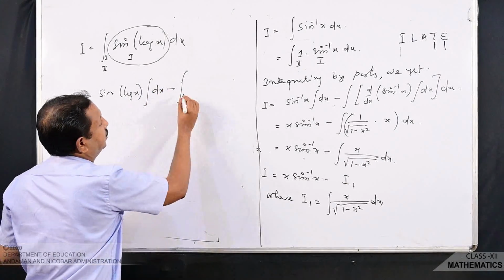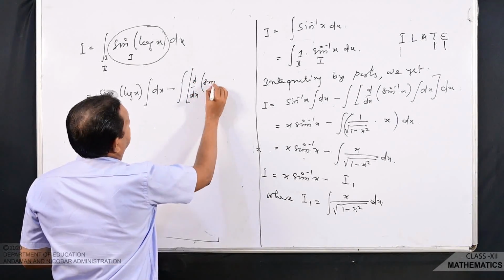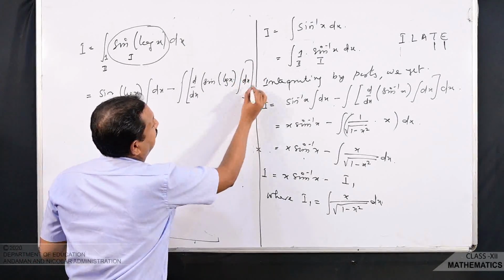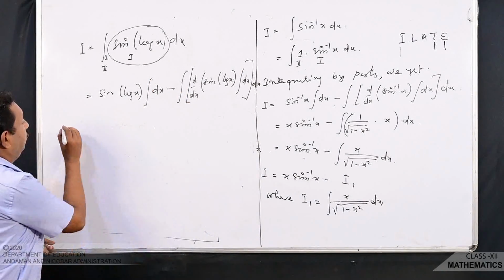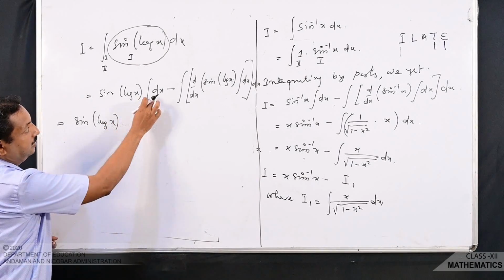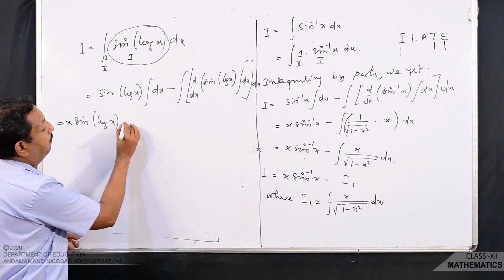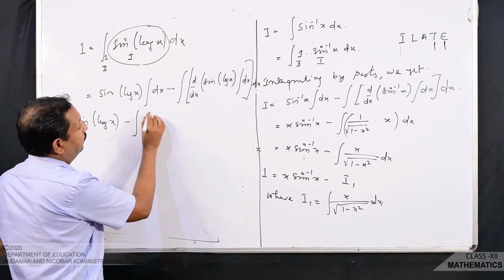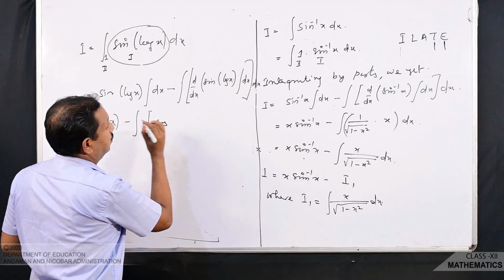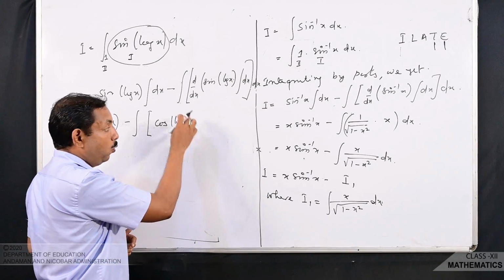As per the rule, we go: first function, that is sine log of x, and integration of dx, minus integration of the derivative of sine log of x and integration of dx. This equals sine log of x times x, minus integration of the derivative of sine log x, which is cos log x, and the derivative of log x is 1 by x.